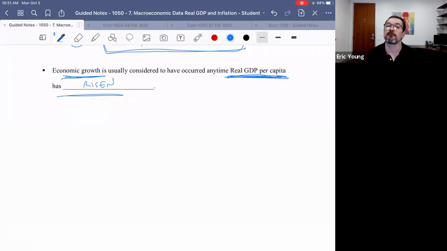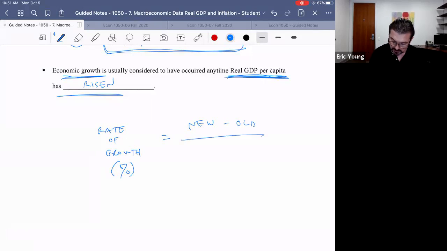And knowing what you know about formulas, you can actually track the rate of growth for any economy over time by simply taking the real GDP per capita in a current year minus the real GDP per capita in a previous year and dividing it by the previous year. Once again, our handy dandy new minus old divided by old formula kicks in.